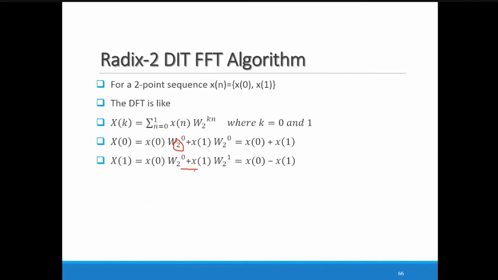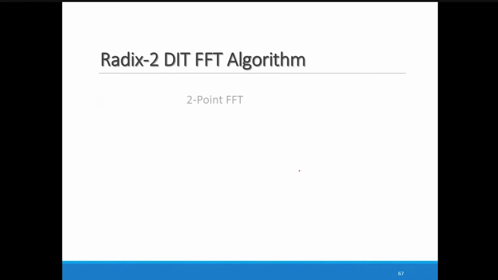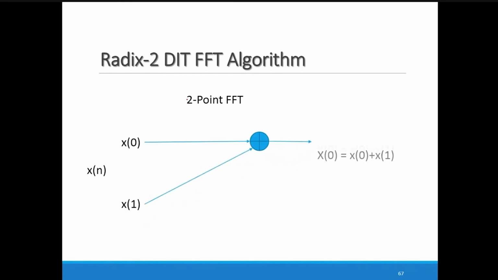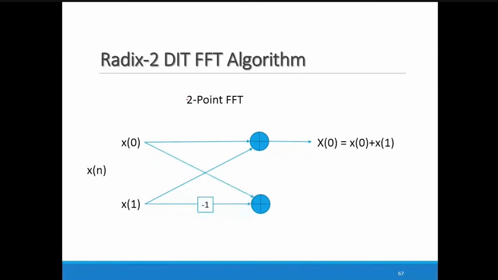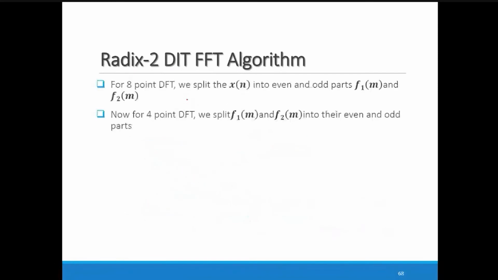Omega 2 raised to 1 is minus 1, so the sign is changed, giving x0 minus x1. This is the representation in the butterfly diagram. X0 is the addition of these two, whereas X1 is the subtraction of these two. Now let me come back to that diagram.